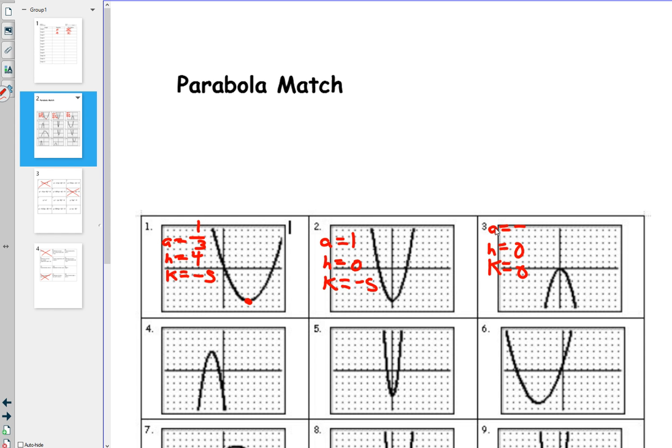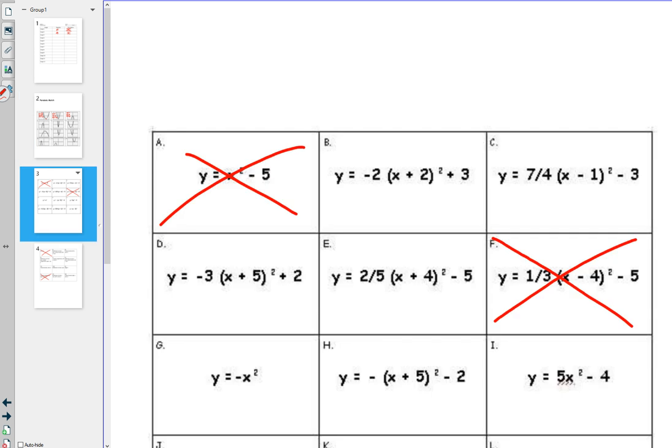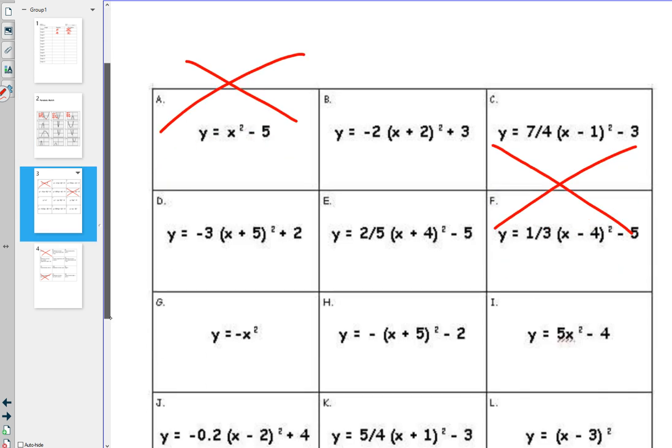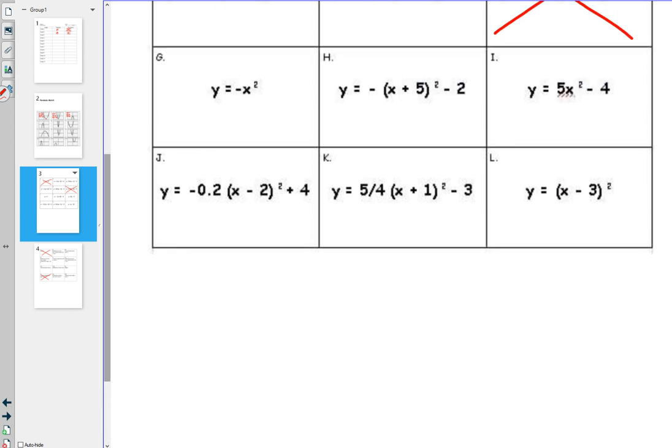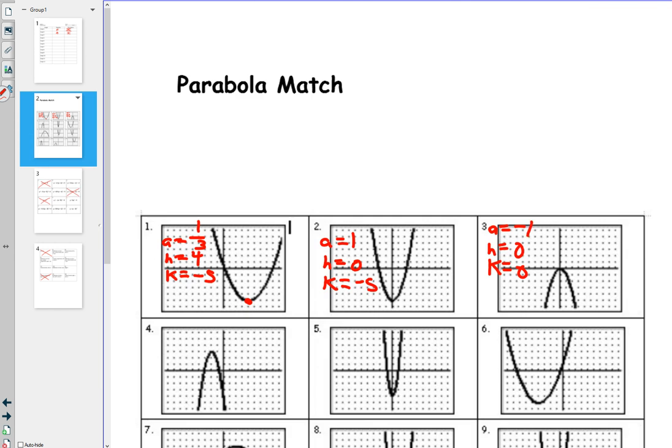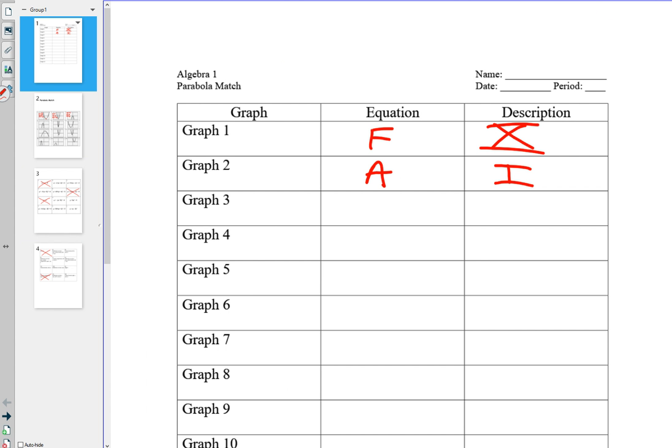So we're looking for something with a negative in front with no parentheses and no adding or subtracting. Yeah, that one looks like G. And if it indeed is G, then it looks like that was a -1 in front. So here, G.